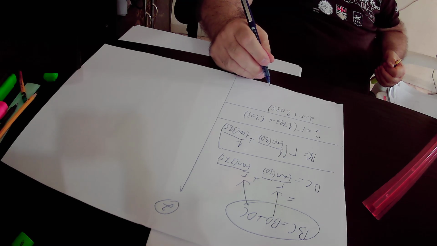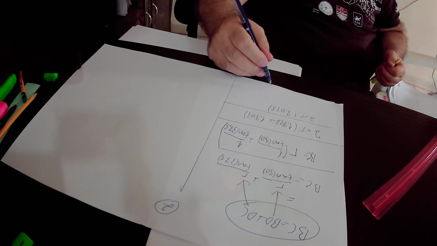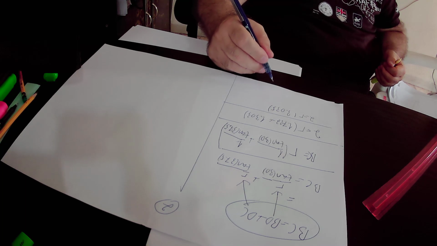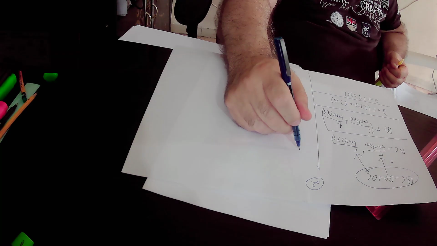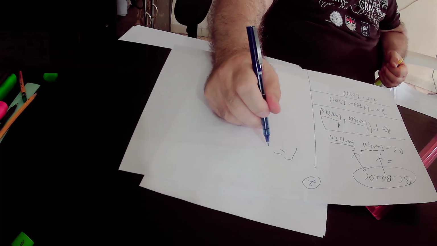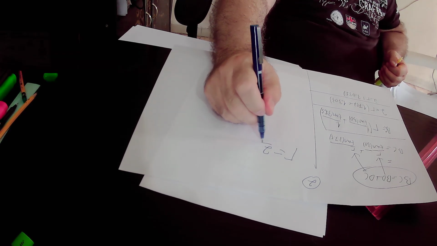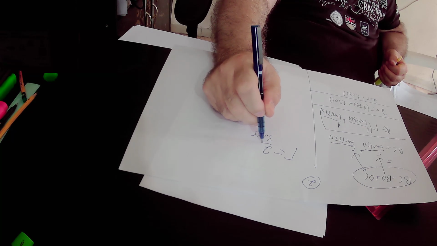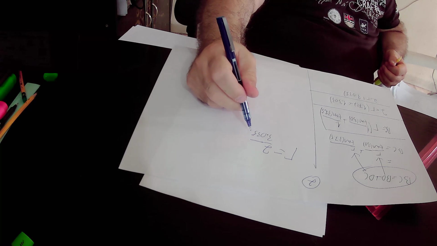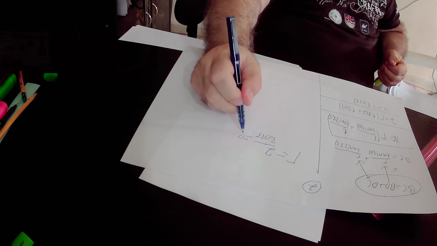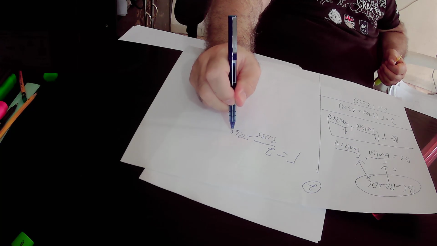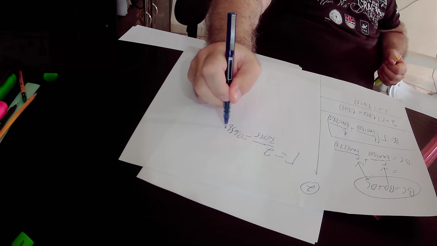Here we will divide this equation by 3.035 units, and we get that R, the radius that we are looking for, is equal to 2 over 3.035 units, which is actually 0.6589 units.